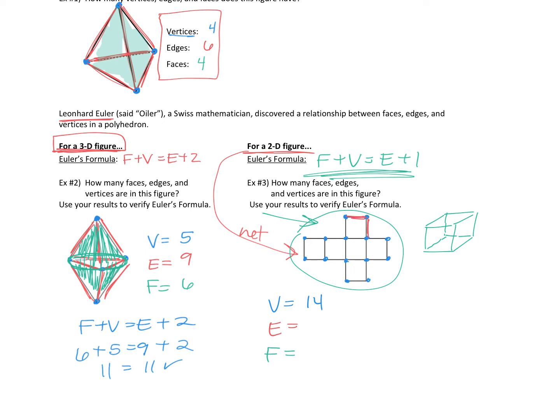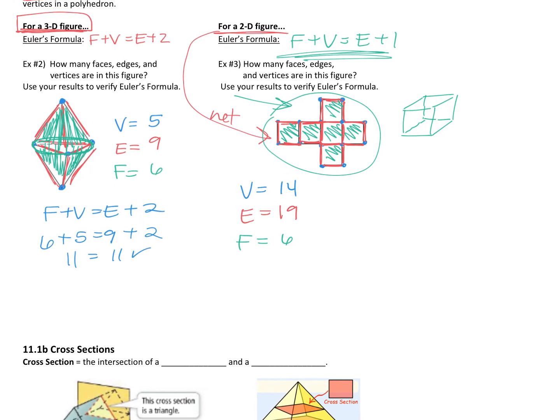So 1, 2, 3, 4, 5, 6, 7, 8, 9, 10, 11, 12, 13, 14, 15, 16, 17, 18, 19. Okay, and then the faces are each polygon. So 1, 2, 3, 4, 5, and 6. Okay, so that's what hopefully you got.